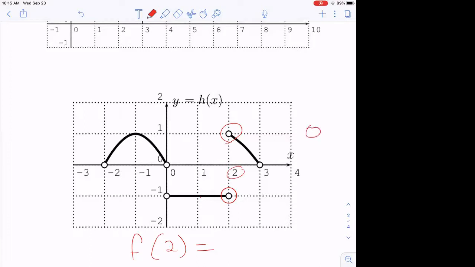If I hold it, it understands that I'm trying to make a circle, and it actually makes a perfect circle for me. You know how hard it is to draw a perfect circle? So anyway, when I plug in x is 2, I could get y equals 1, but I didn't. I could get y equals -1, but I didn't. You didn't get anything. You got no value at all. So those values are undefined.